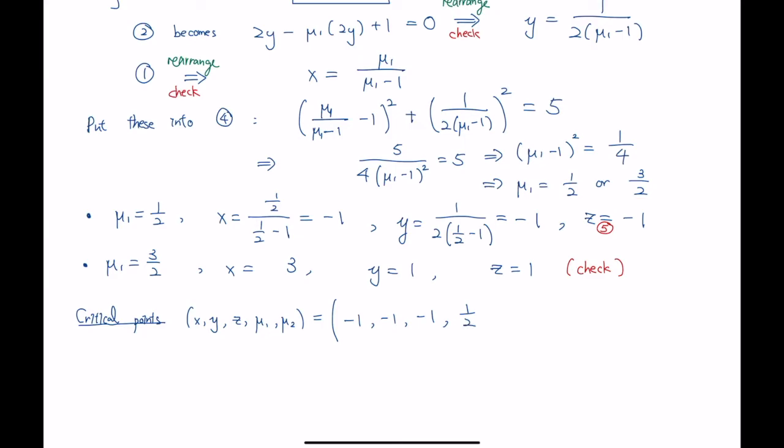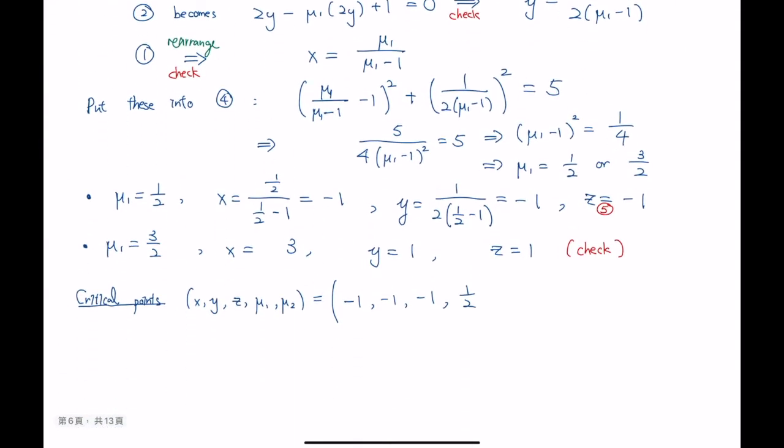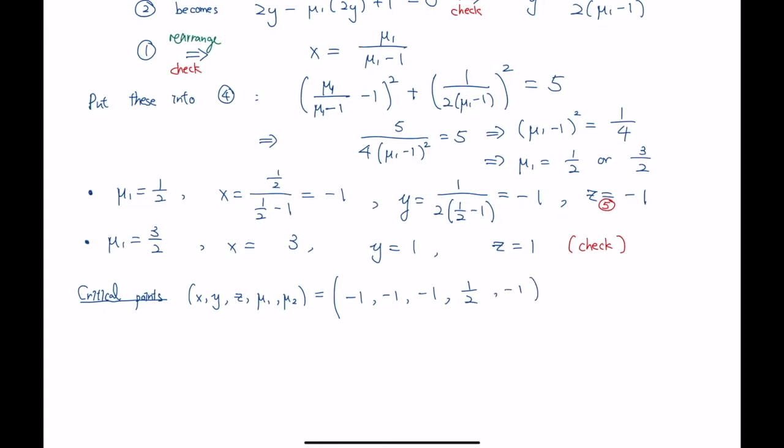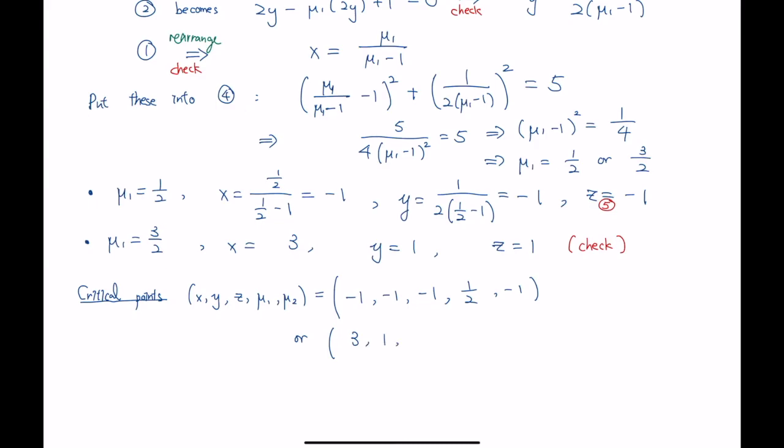Mu1 is half. Where's mu2? Mu2 is here, mu2 is minus 1. Or the other point is given by 3, 1, 1, 3 over 2, and minus 1.